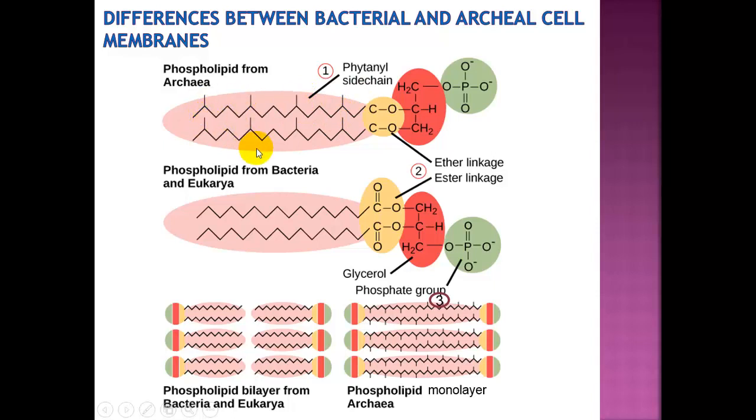While bacteria have a bilayer, as shown over here, 2 layers on each side, archaea have a monolayer cell membrane, shown as 1 layer.